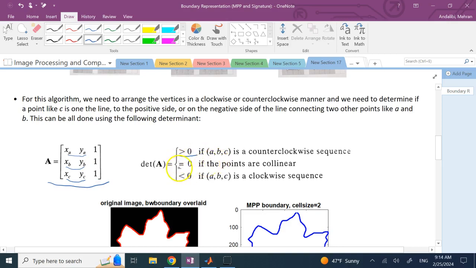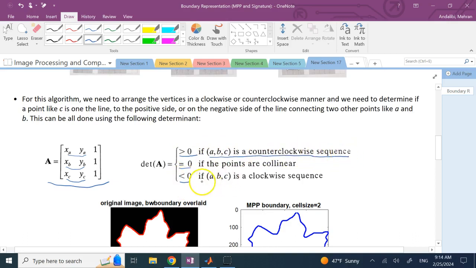It could be positive, negative, or 0. The fact that this is positive, negative, or 0 has two meanings. The first one is that the arrangement of points A, B, and C is a counterclockwise sequence.